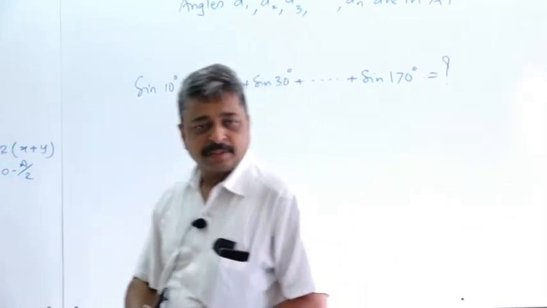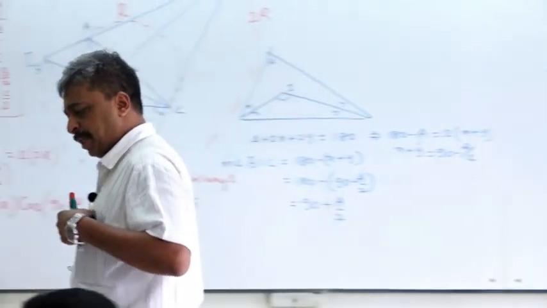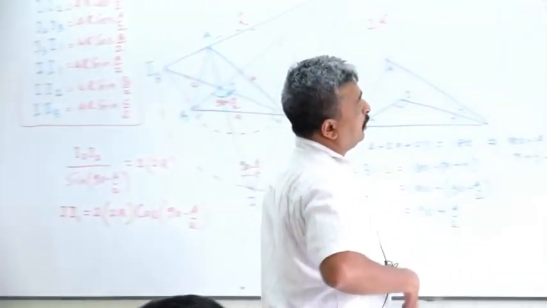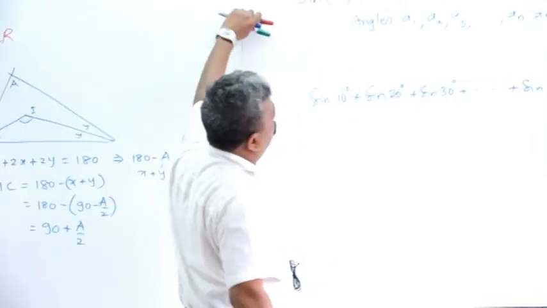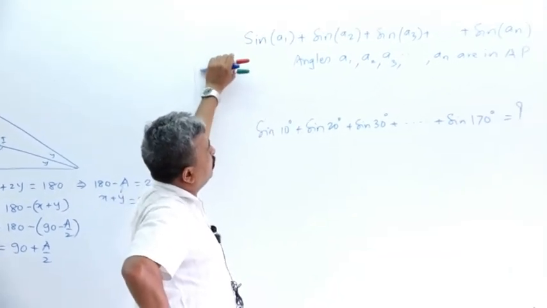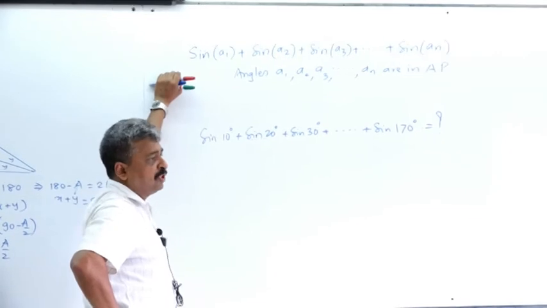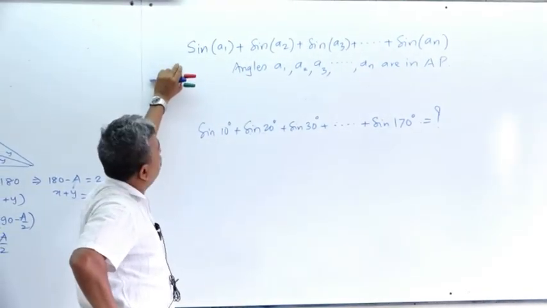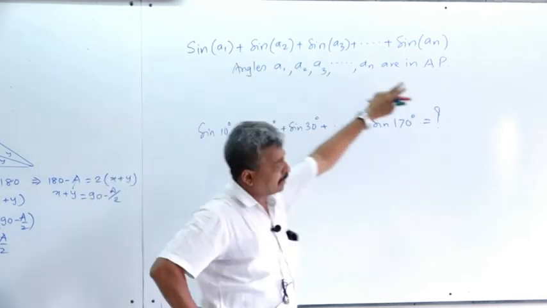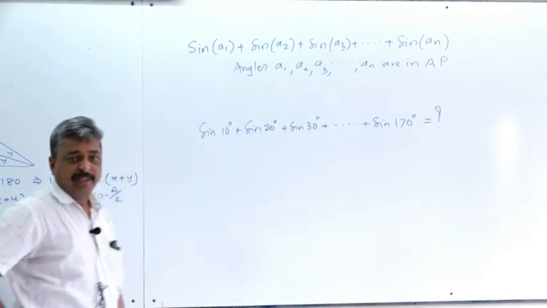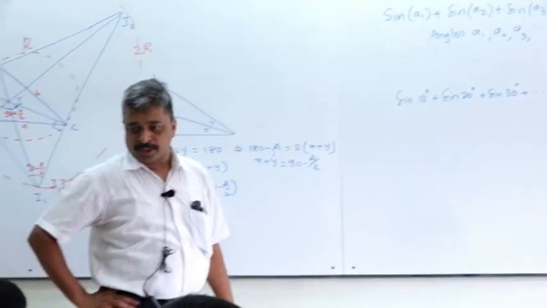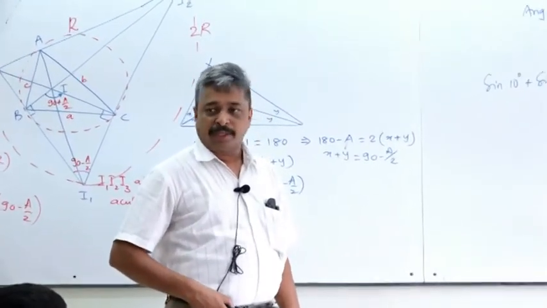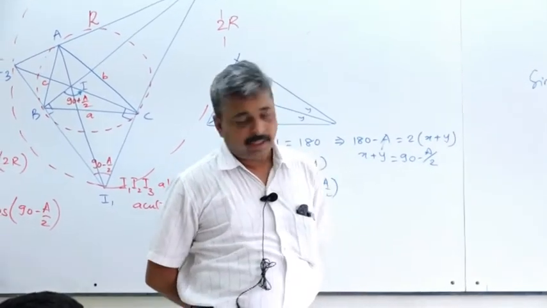Questions like this, when the angles are in arithmetic progression, we need to do something about it. Now, the most commonly used technique, which is not correct for finding this sum, is to add first and last, reverse and add, as you did in arithmetic progression to get the summation of all the terms.